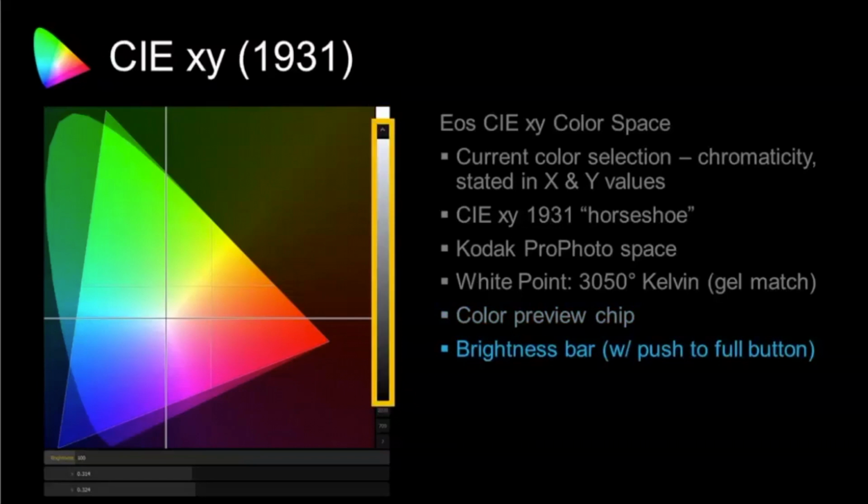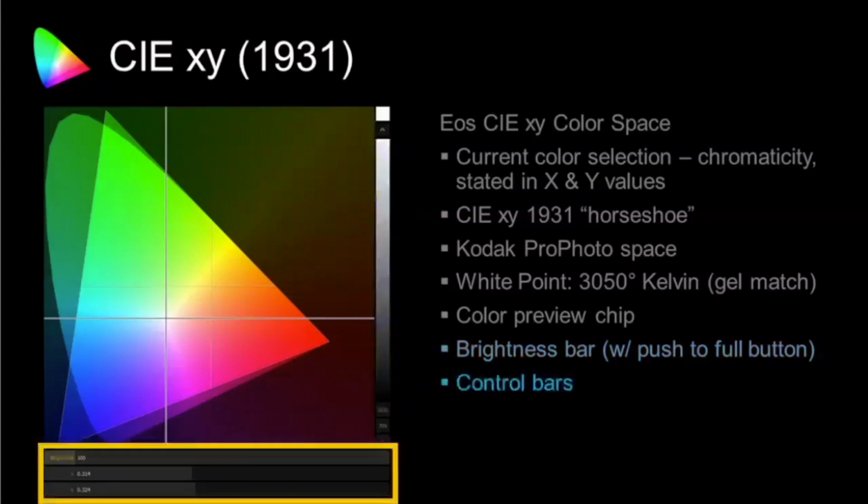If my brightness is at 0, that means that whatever LEDs I have in that color system, red, green, blue, for example, are all at 0. So there's no light coming out of the fixture. So even if my intensity is at full, I'm not going to get any light out. So at the very top of the brightness area, there is a little up button, and that will click the brightness back to full. So if you're turning on a light and you're not getting light out of it, check your brightness settings. Obviously, they're different.